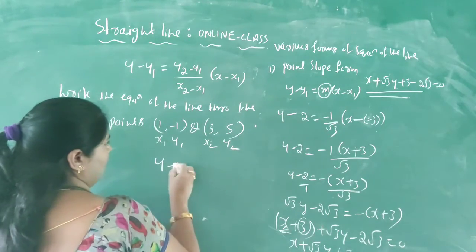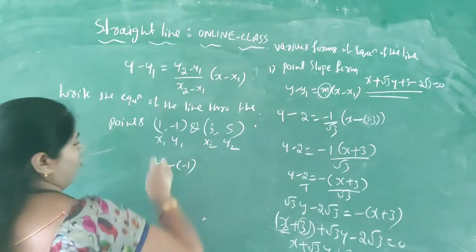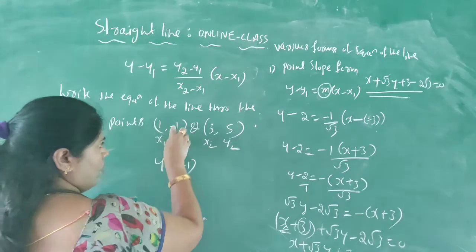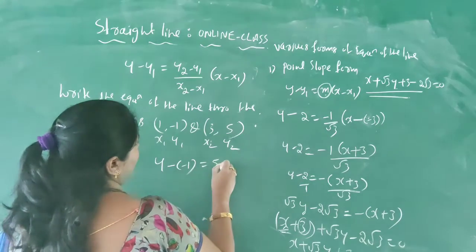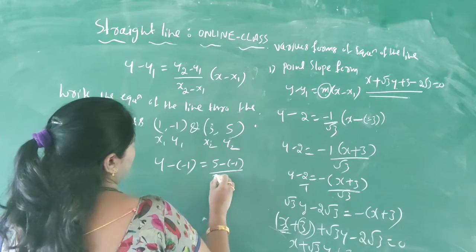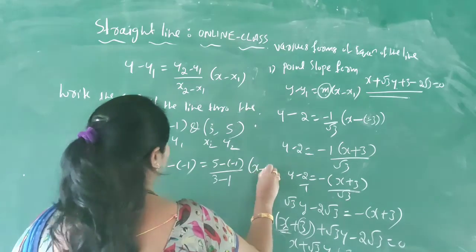y minus y1, which is minus 1. y we keep as it is, minus y1, y1 is minus 1, is equal to y2, which is 5, minus y1, which is minus 1, divided by x2, which is 3, minus x1, which is 1, times x minus x1.